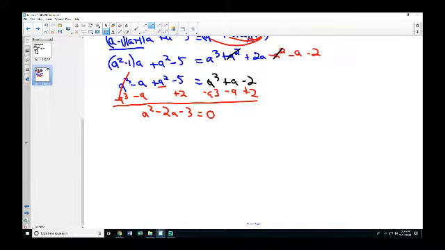And you can solve that, right? By what method? When I tell you quadratics, it's your first thing you try. Yeah, factor. Can you factor that? I hope so.